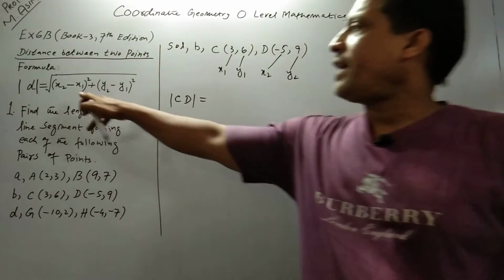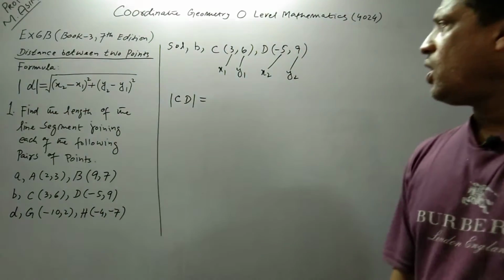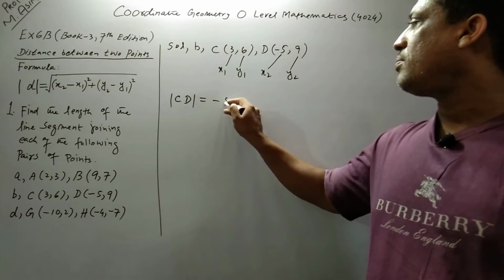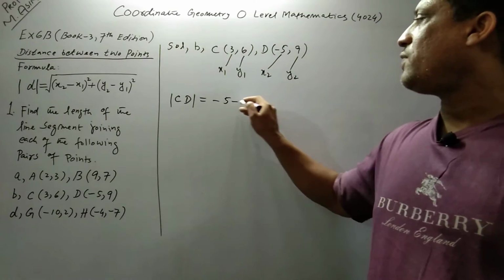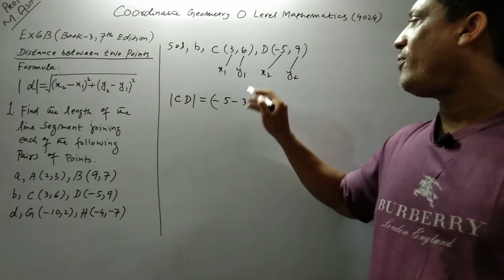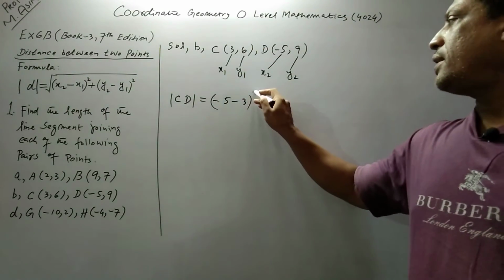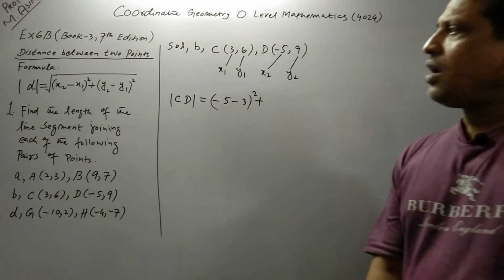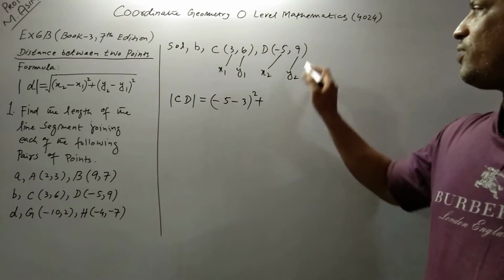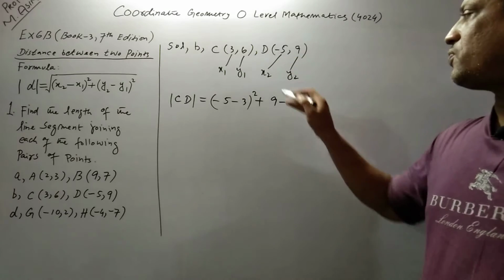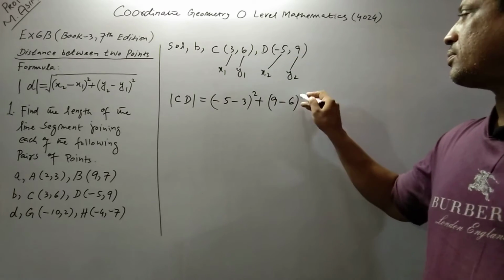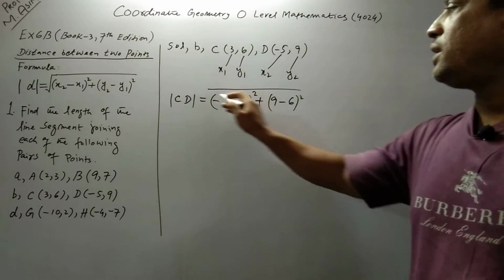What is the formula? (x2 minus x1) whole square. What is x2 in this case? -5. And what is x1? 3. This is minus, and then whole square plus (y2 minus y1). What is y2? 9. And what is y1? 6. And apply the whole square root.